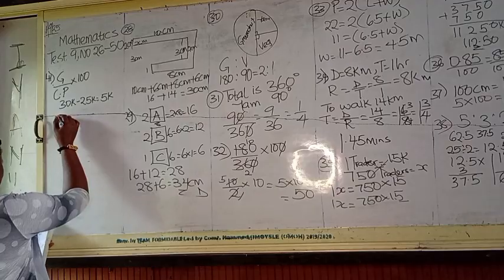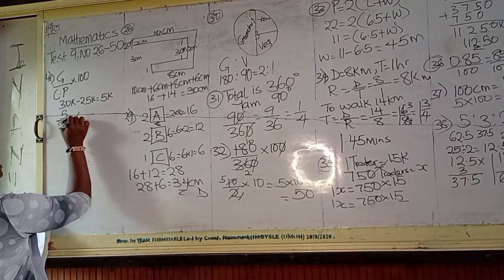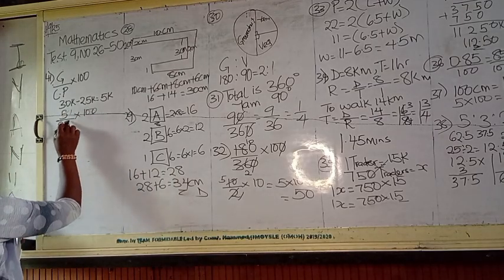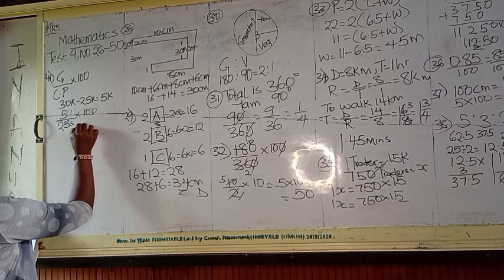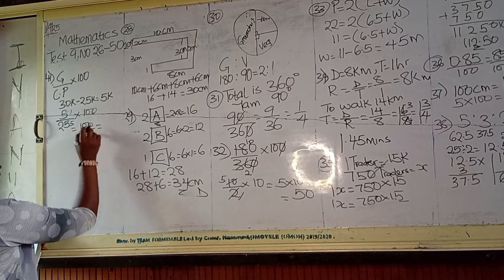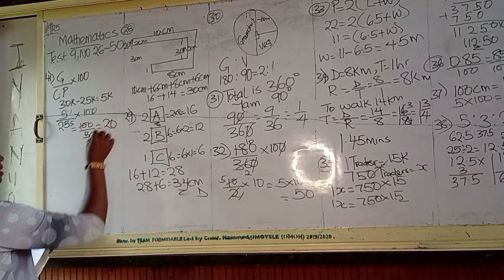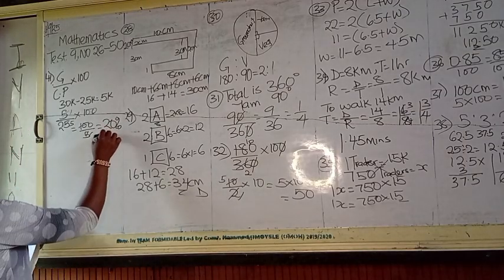So our gain there is how much? 5 over the cost price, which is 25. Then you multiply this by 100. 5 here 1, 5 here 5. So we are having 100 over 5, which is equal to 5 here 1, 5 here 20%. So we have it as option B.